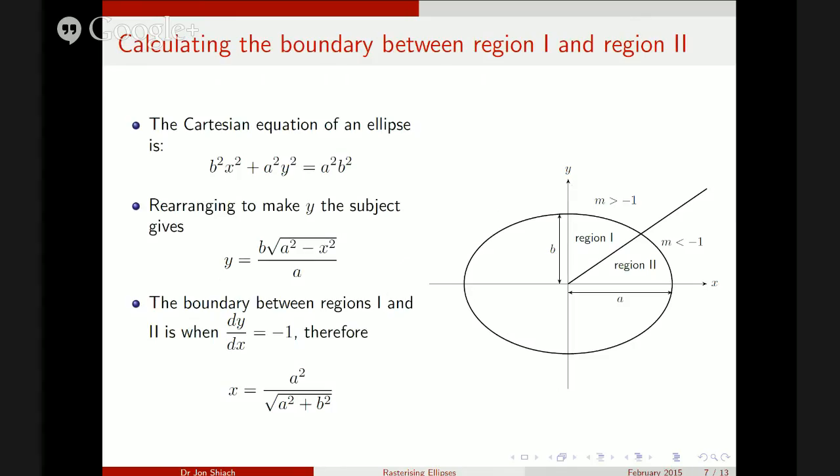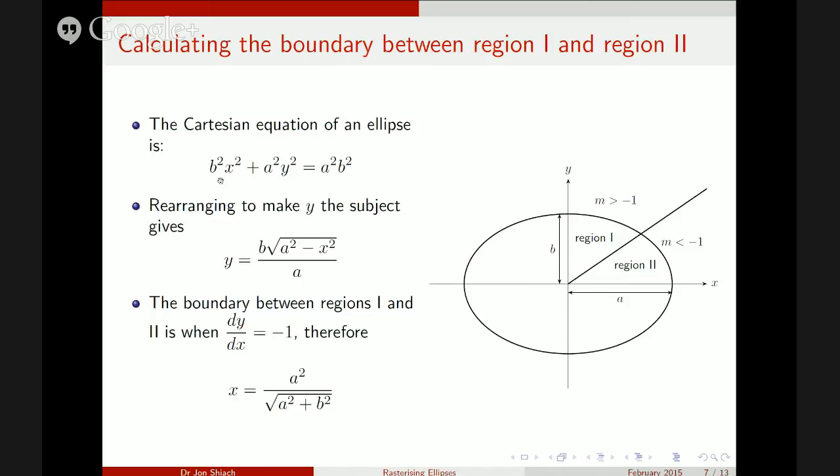Where is the boundary between region 1 and region 2? We need to calculate it. What we do is use the Cartesian equation of an ellipse. Some people write the equation as x squared over a squared plus y squared over b squared equals 1.